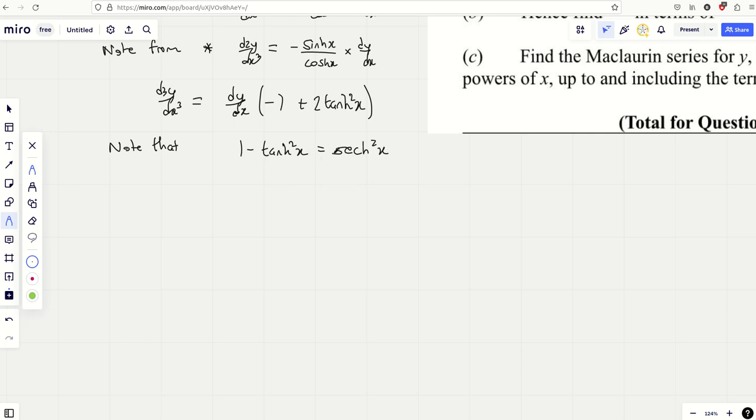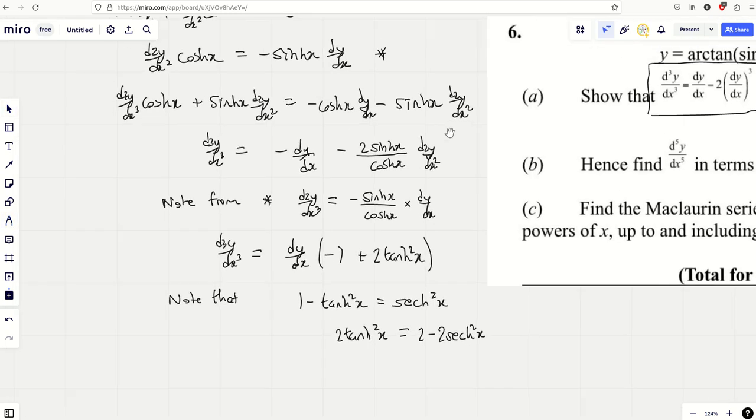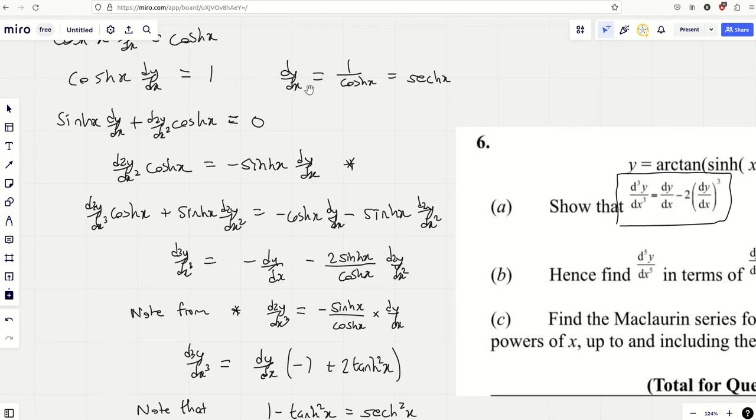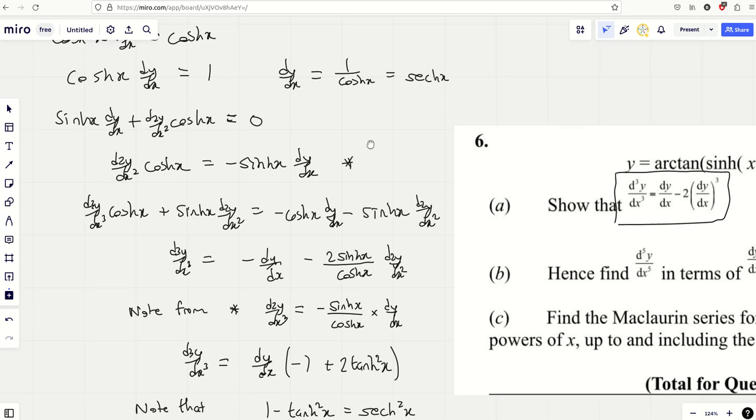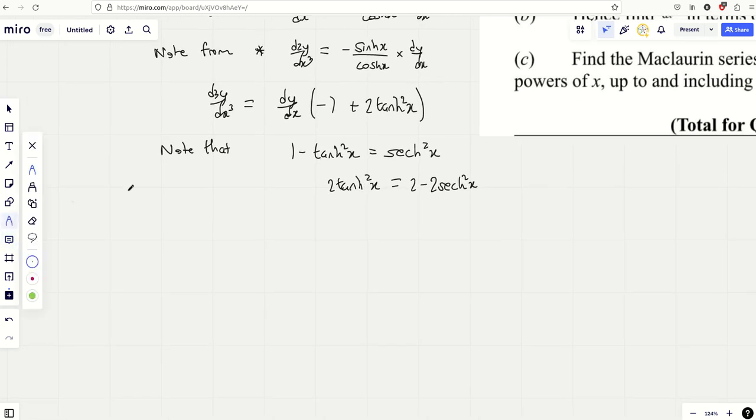And so I can now use this to say, well, 2 tan squared x is therefore going to be equal to, rearrange this in your head, 2 minus 2 sec squared x. Now in our case, that's 2 minus 2 dy by dx all squared. And that pretty much gives you the answer.